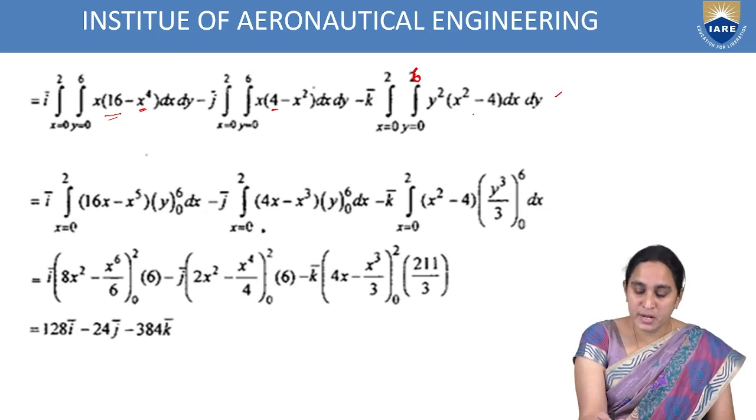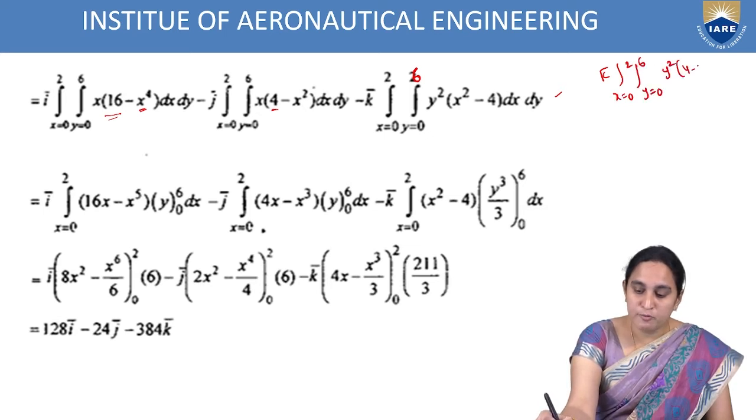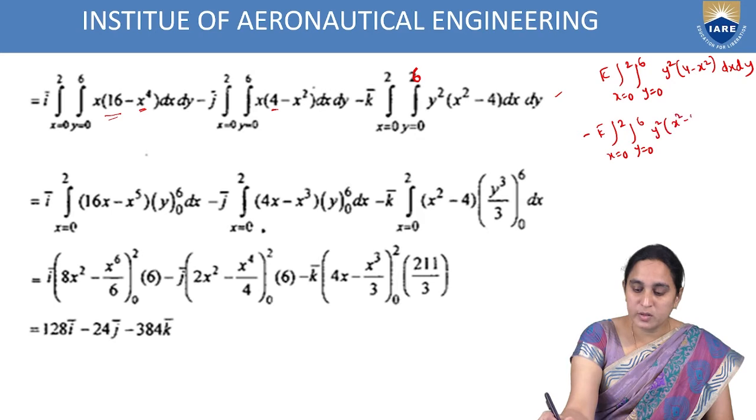That means I'll write the last step, k bar into x is 0 to 2, y is equal to 0 to 6, y square into 4 minus x square into dx dy is also correct, or minus of k bar into x is equal to 0 to 2, y is equal to 0 to 6, y square of x square minus 4 into dx dy is also correct.